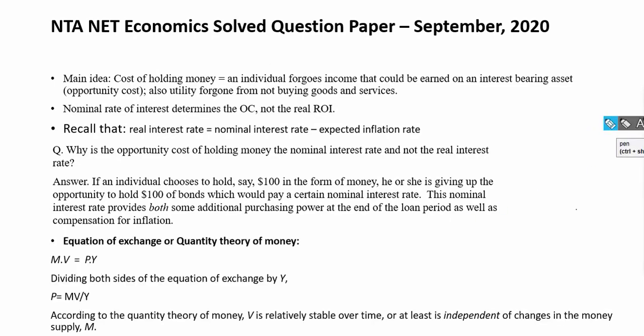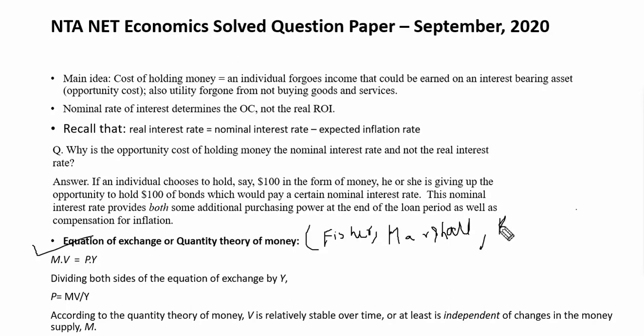Now we can relate this to the quantity theory of money as given by Fisher, and also Marshall, and expanded by Keynes and others. There were many economists who expanded this quantity theory of money. It's very important in macroeconomics.